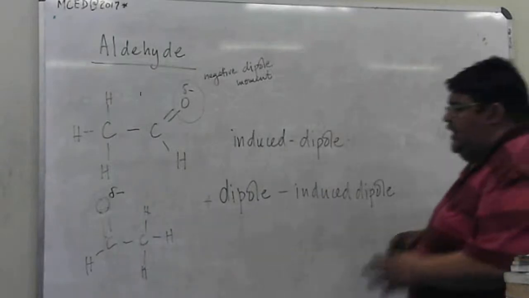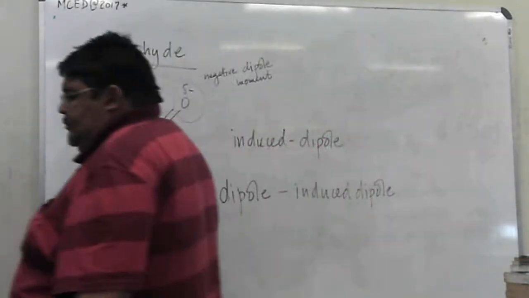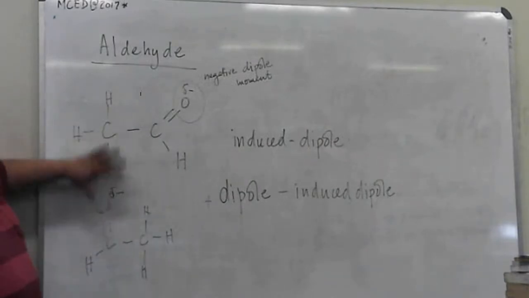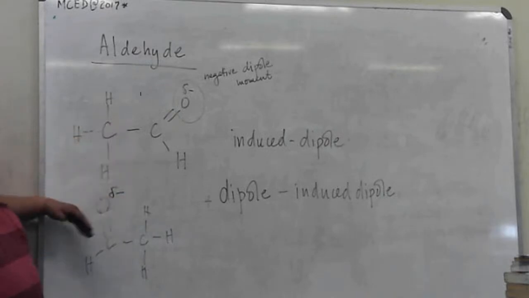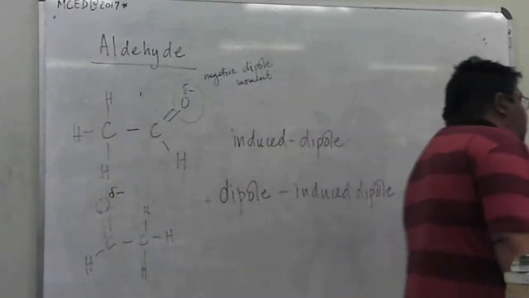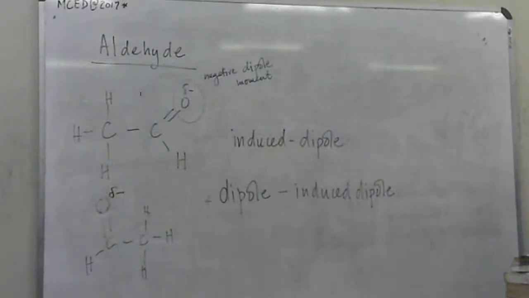So obviously it's not a hydrogen bond. The negative dipole moment had to do a lot of convincing for this intermolecular force to develop. So this is much weaker than a hydrogen bond, and it's much weaker than the dipole-dipole intermolecular force.